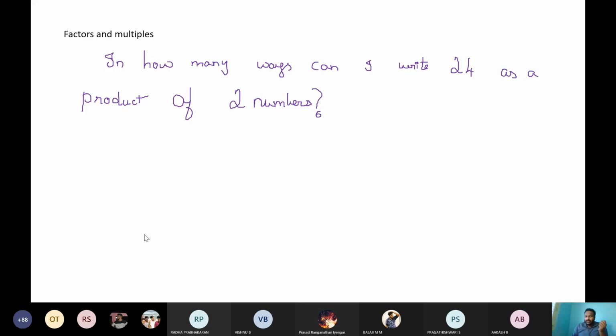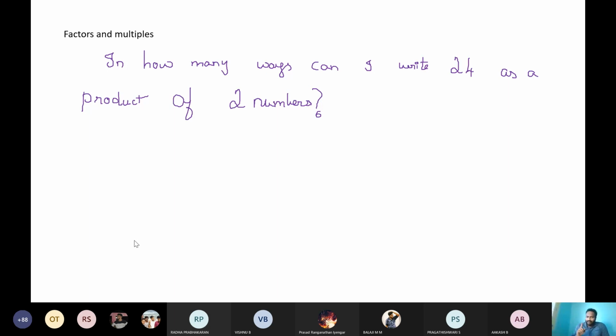Sir, what do you mean by that, sir? Okay, 24. Can I write it as 1 into 24? That is one possibility. Can I write it as 2 into 12? Yes. Similarly, in how many ways can I write 24 as a product of two numbers? Is it 8 or 4? Think carefully. Guys, 1 into 24 and 24 into 1 are not two different concepts.